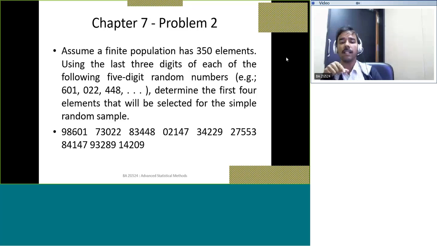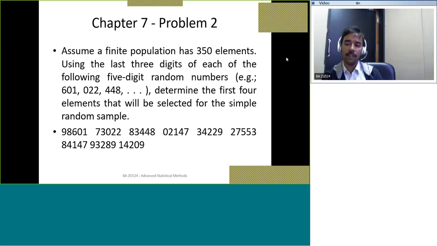So he is asking us to take only the last 3 digits of the random number. Otherwise, you have the independence of taking either the first 3 digits or the last 3 digits. It's up to you. But in the question, they asked us to take the last 3 digits.